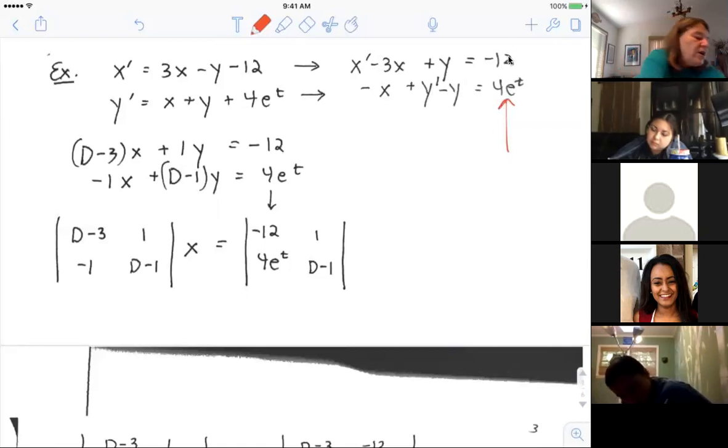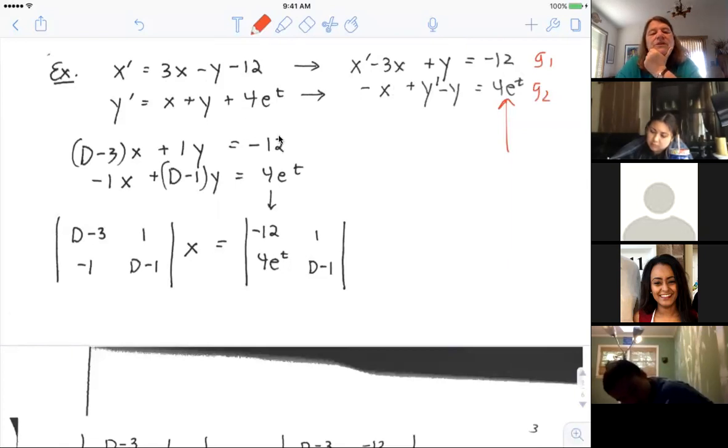Those are my G1 and G2. I then look at the operators. Well, the operator on x is going to be D minus 3. That's like my L1. The operator on y is just 1, and that's equal to minus 12.